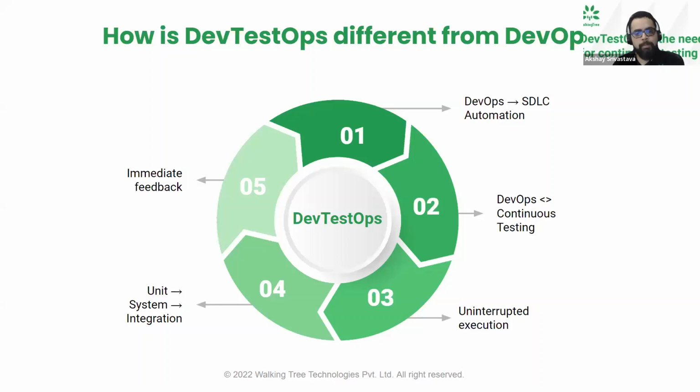And this is all performed under a simulated environment with automation. So that's what DevTestOps brings to the picture, where automated testing becomes an integral part of DevOps across different stages of SDLC.